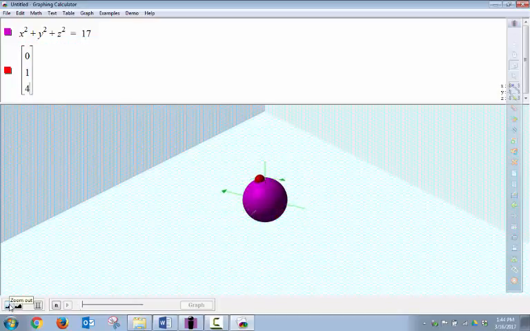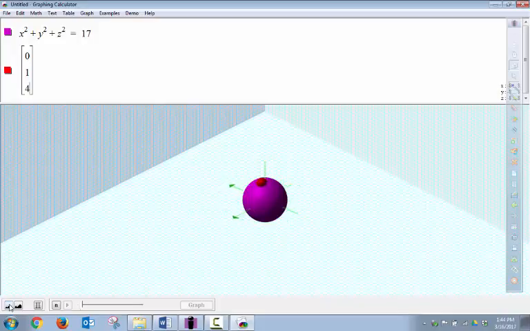All right. My tangent plane only has a y and a z, right?